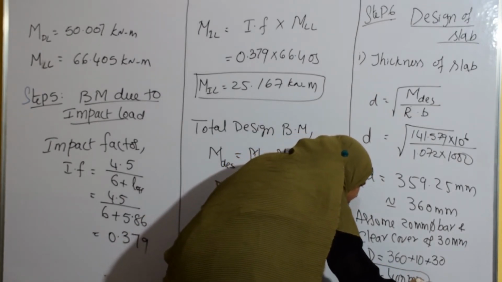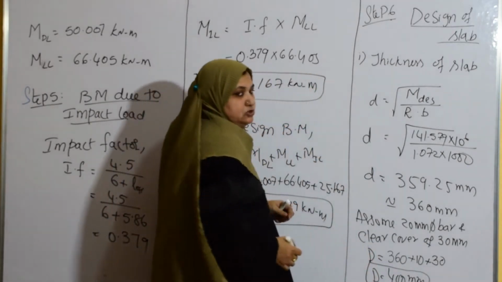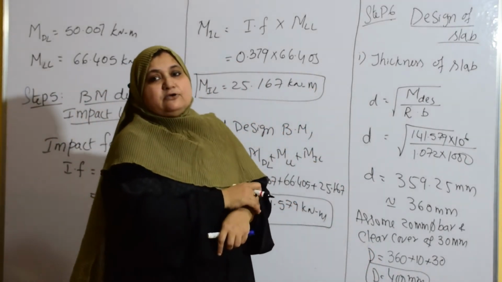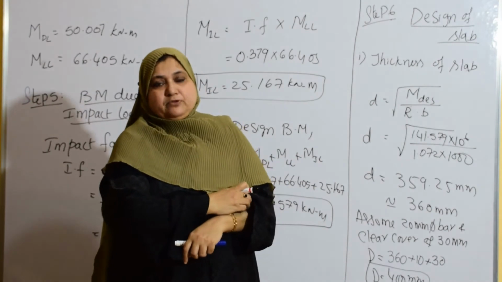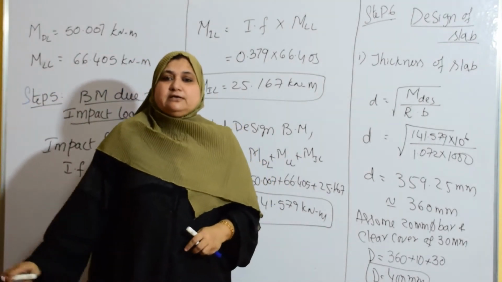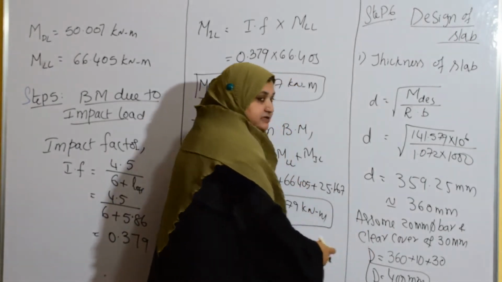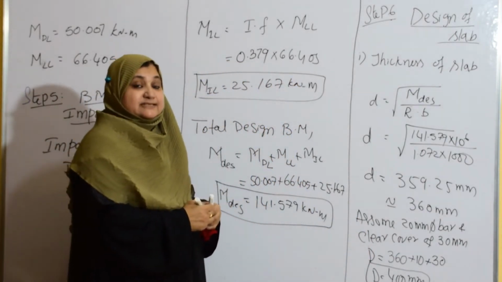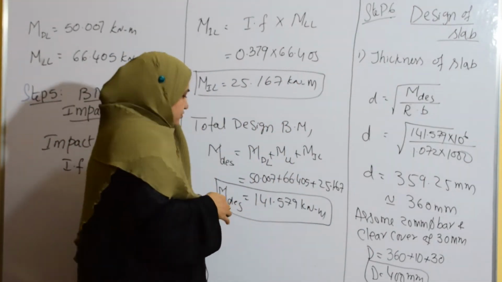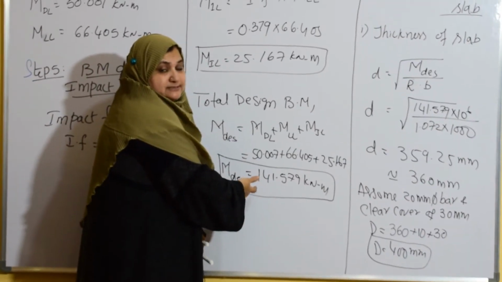So perfectly, whatever we have assumed, we are arriving at that. Now if you want, you can go for 450 mm also, but the minimum requirement is 400 mm. So like this we got the thickness of the slab. D is equal to 400 mm. This is the minimum thickness required to resist this bending moment.